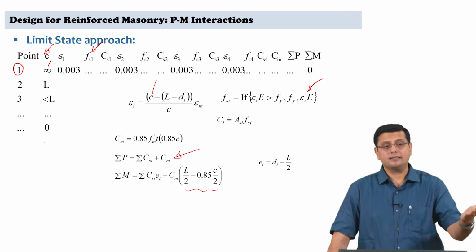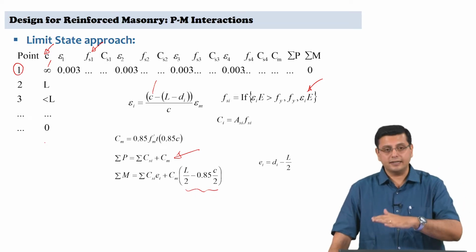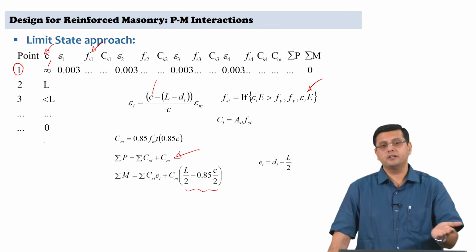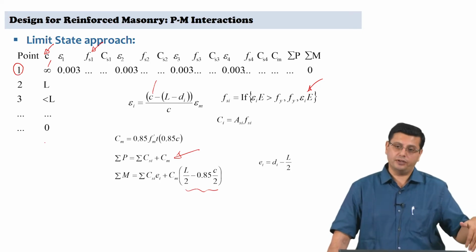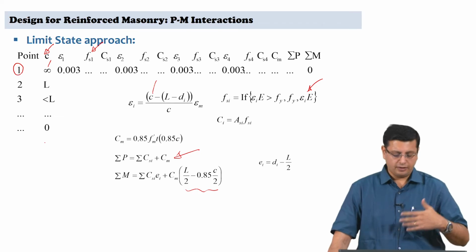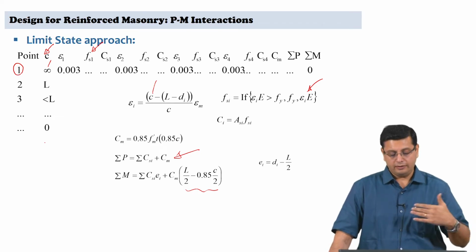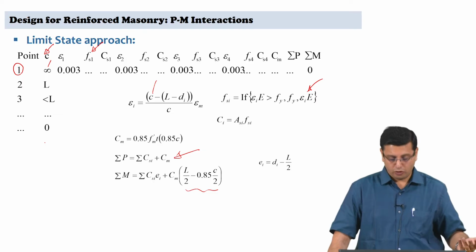Are you in the cracked condition of the wall? Are you in the uncracked condition of the wall? Is compression controlling if you are beyond the balance section, and that will determine how much steel you are going to put in the wall itself to ensure the wall design satisfies the load combinations.